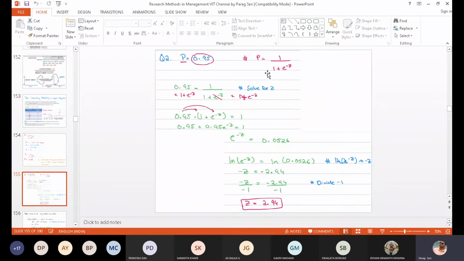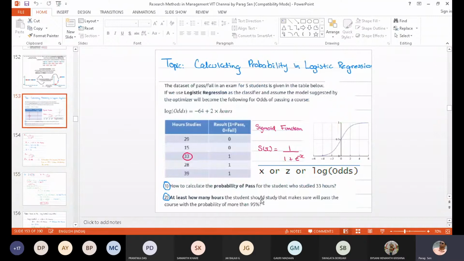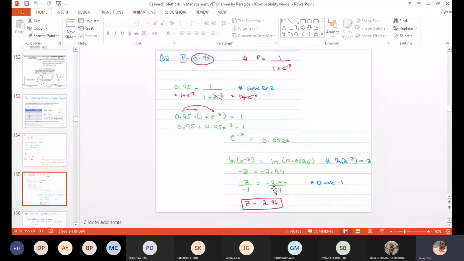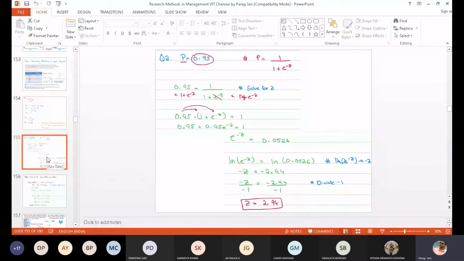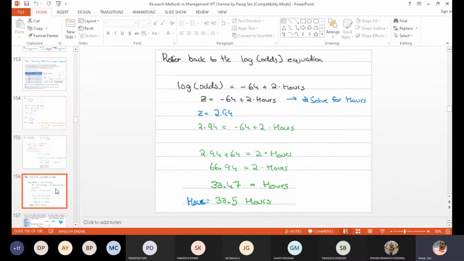So if you put the value of p, you can easily calculate the value of z or x, and it will come out to be 2.94. So at least this many hours you need; the value of z is equal to 2.94. Now you need to plug in these values.